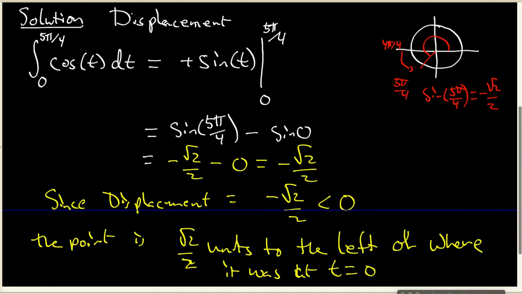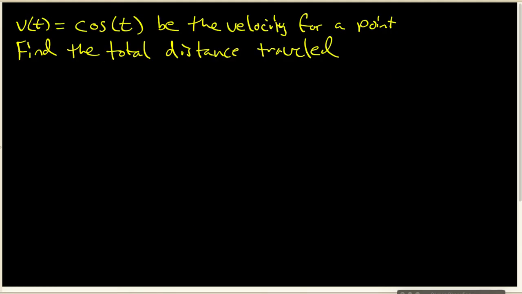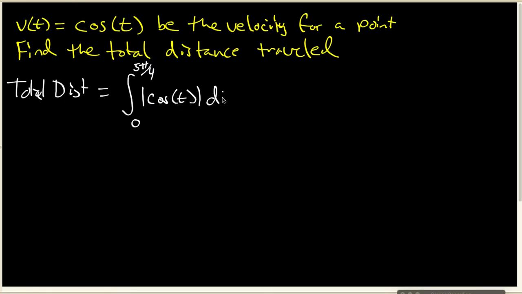Well, now let's turn our attention to the second part of the problem. We were trying to find the total distance traveled, and I also wanted to make sure that I copied the velocity function. For this one, I need to understand that the total distance is equal to the integral between 0 and 5 pi over 4 of the absolute value of the velocity function.